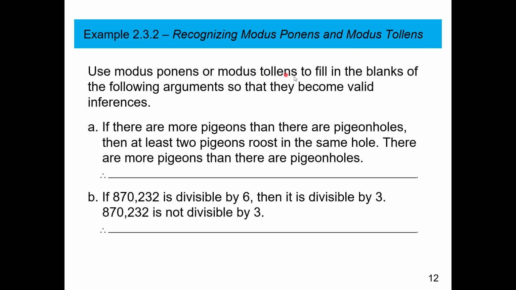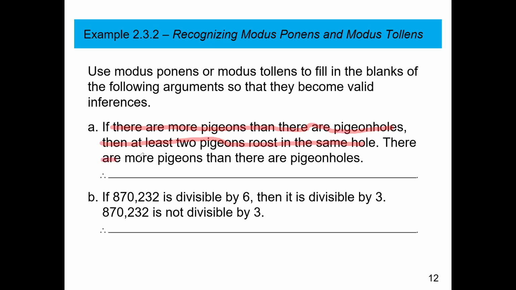Modus ponens or modus tollens is a fill-in-the-blank argument. So in other words, here I have an if. Let me just actually do a highlighter. If there are more pigeons than there are pigeonholes, then there are at least 2 pigeons in the same hole.